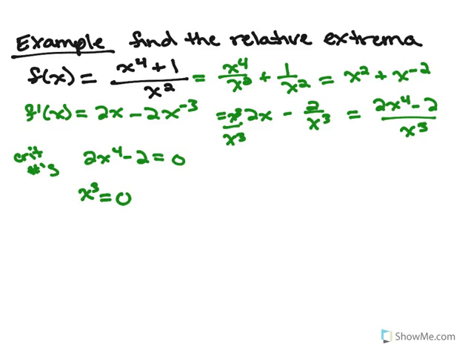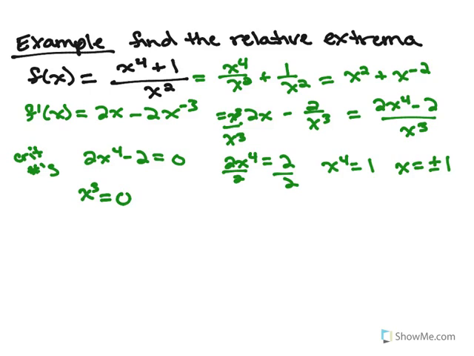So for the first equation, I'm going to add 2 to both sides. I get 2x to the 4th equals 2. Divide both sides by 2. We get x to the 4th equals 1. Now that's an even power. So when I take a 4th root of both sides, what do I have to put in front of it? Plus or minus. So this is x equals plus or minus 1.